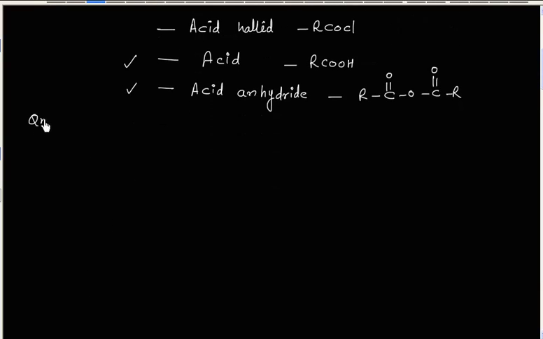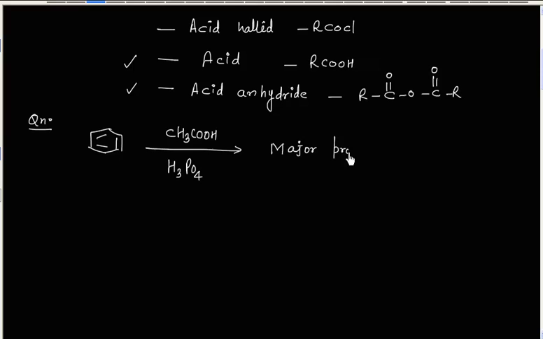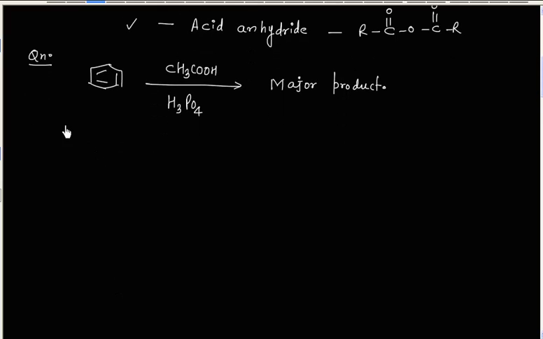For example, if I have this problem, and a strong acid H3PO4, what will be the major product in this reaction? So first you have to generate an acylinium ion, that is the electrophile.